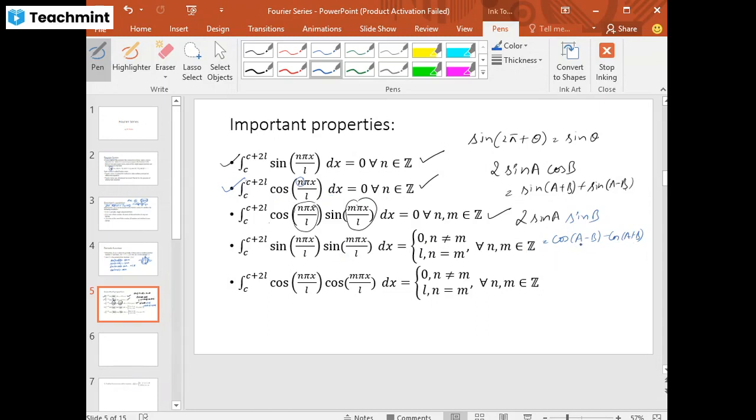If n is equal to m, like if A is equal to B, then cos of A minus B is 1 because cos 0 is 1. And here we have cos of 2A. So cos 2A means again it is 2n pi, because when n and m are the same, it is cos 2n pi.